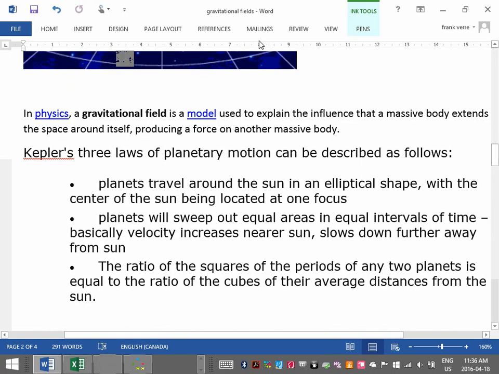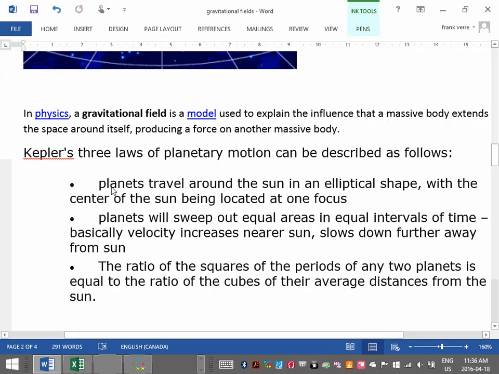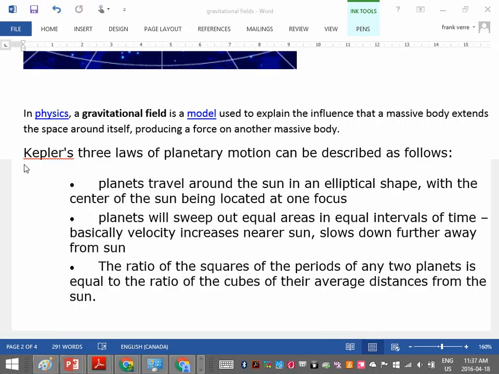But before we get to gravitational fields, let's review, because you guys just got back your gravity labs. Now, we were looking at this before. So when you guys were doing work with things revolving around the sun or revolving around other objects, you may have noticed some patterns, right?